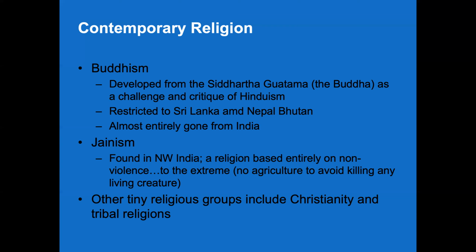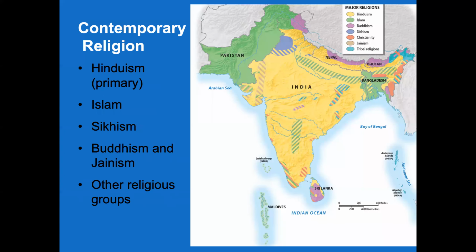Okay. Again, other small groups include Christianity and what would be termed tribal religions. There's the breakdown. Notice Hinduism, yellow, is dominant. Christianity in very small pockets.